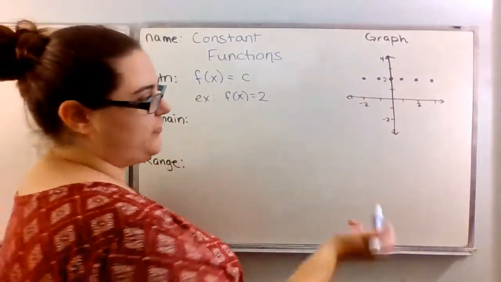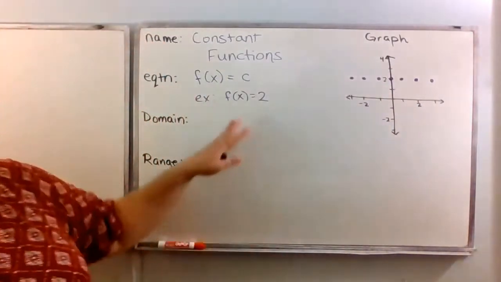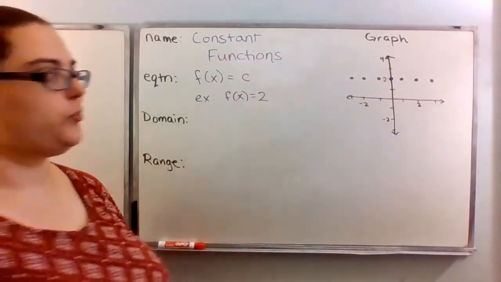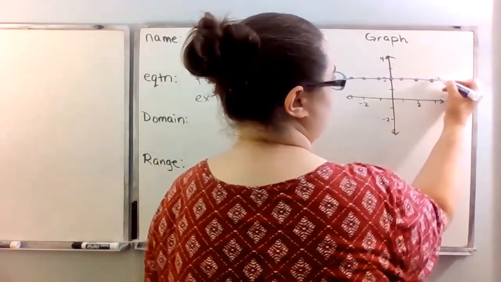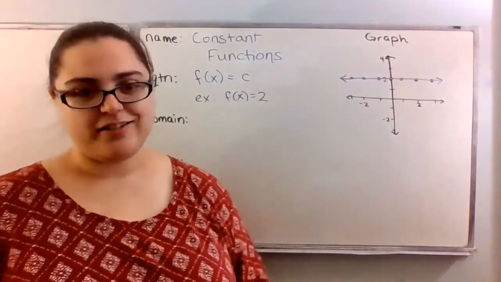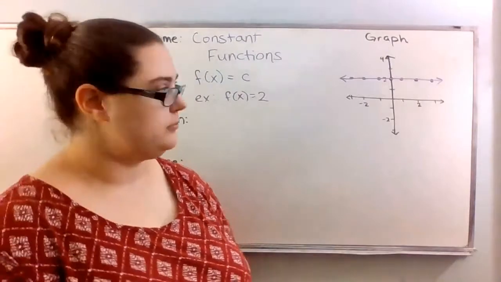If x is -3, my y value is 2. Right? So in this case, because my constant value is 2, all of those y values are just going to stay 2. So when you graph it, you end up getting a horizontal line. All constant functions are going to be horizontal lines at the value that you pick.